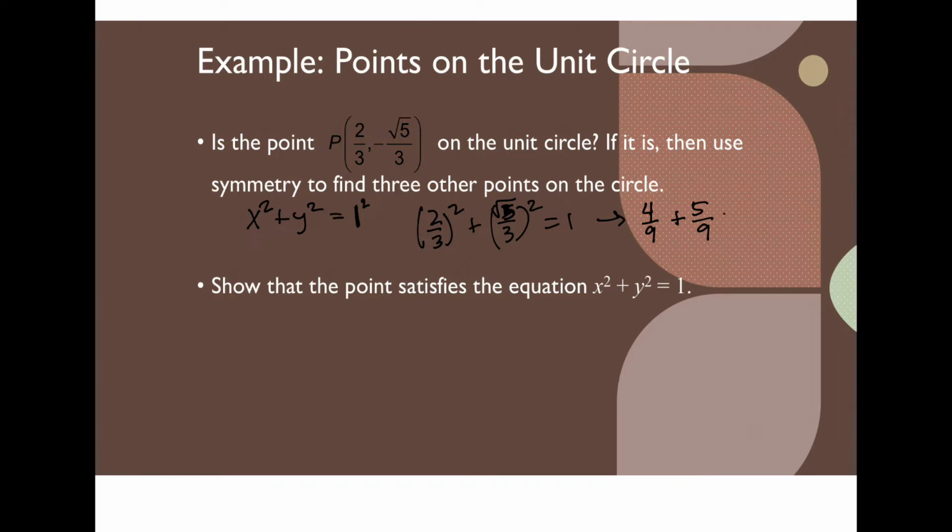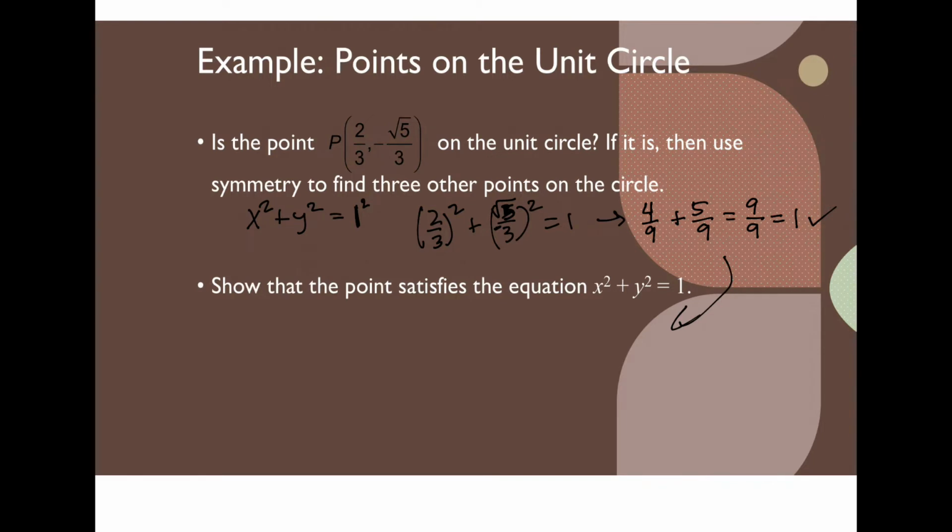And when we add these together, we get 9/9, which is 1. So it is this point, 2/3 and negative square root of 5 over 3. I forgot to put the negative in there. It is on the unit circle. And this still works. The negative square root of 5 over 3 squared also becomes positive 5/9.